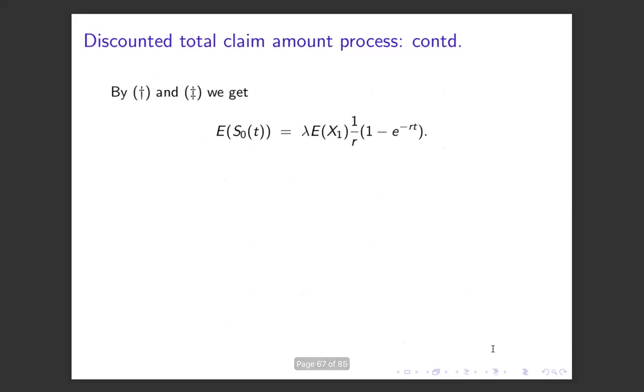Okay. So by comparing double dagger and dagger, we get that the expectation of S_0t is lambda times the expectation of X1, multiplied with 1 divided by r times the whole thing multiplied with 1 minus e to the power minus rt.